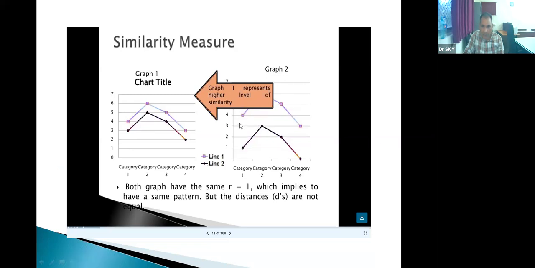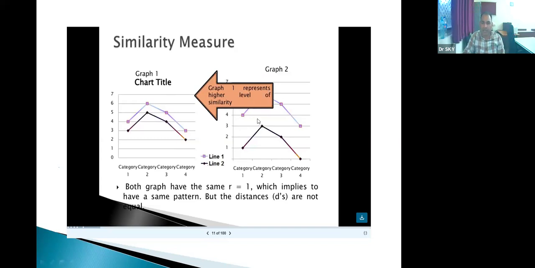From 1 to 4, it is 3 units distant from this point, while it is 1 unit distant from this point. Since we take distance as the measure for the cluster, a higher distance shows higher dissimilarity.